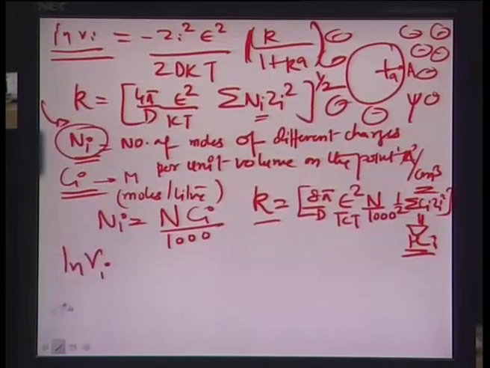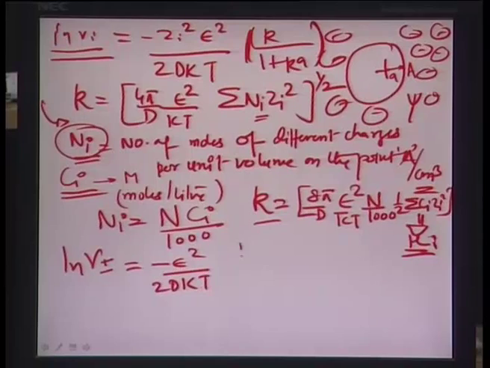You know, the way that we had started all these things, we had assumed I could be either positive or it could be negative. So, I write gamma plus minus here is equal to minus epsilon square by 2D kT times of z plus z minus and modulus of that. So, for the principle of electroneutrality, the positive and negative charges in an otherwise electrically neutral medium would be equal, exactly opposite.